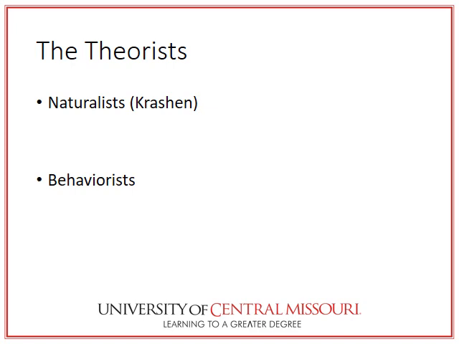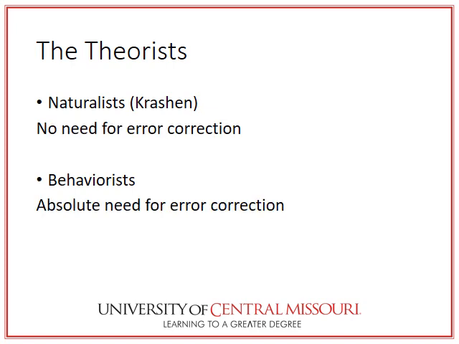As you might expect, the different theorists have different opinions on how feedback should or should not occur. The naturalists don't see a need for error correction because the focus is on competence. Behaviorists see an absolute need for error correction.